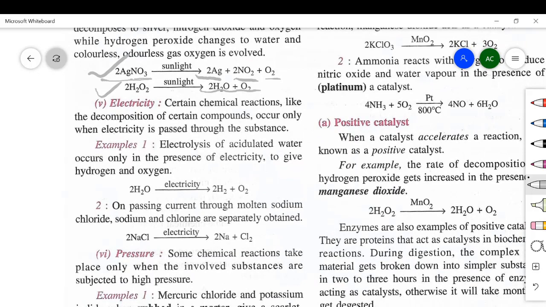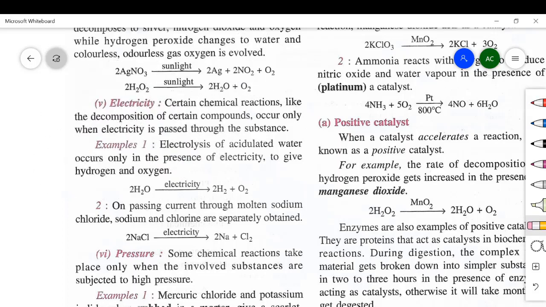Now the next thing which brings about chemical change is electricity. Sometimes in the presence of electricity a chemical change happens, a chemical reaction takes place. Here we can see electrolysis. Electro means electricity, lysis means breaking down. So when anything breaks down in the presence of electricity, this process is known as electrolysis.